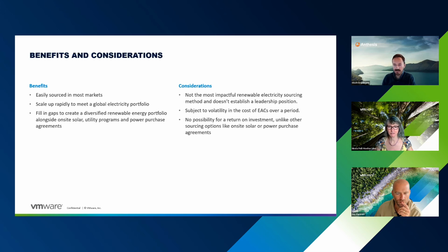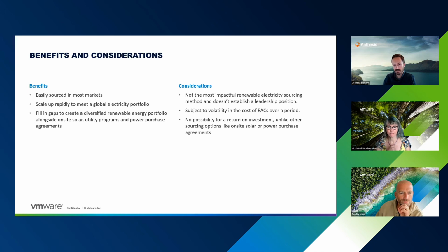Another consideration with EACs is some cost volatility. Since, as Nicola mentioned, you're typically procuring EACs on an annual basis, the prices can fluctuate year to year. You might get a certain price for EACs one year, and next year it'll be different, higher or lower. So it's a bit trickier to project your costs over a long period of time.